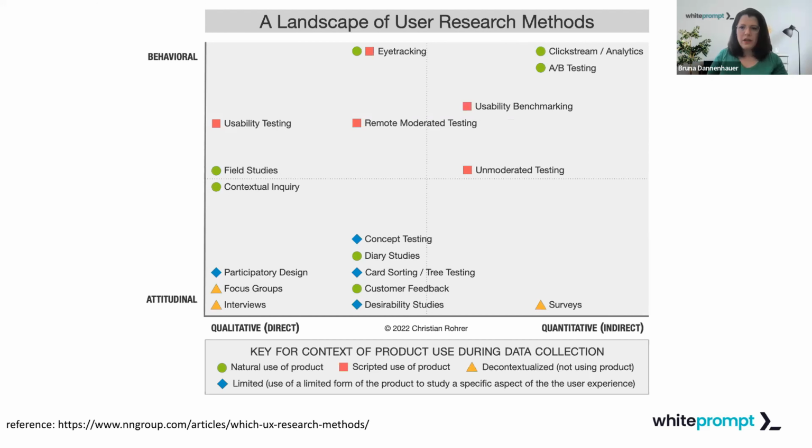It depends on which stage of the design we are in, how much time we have, the budget, and things like that, right? So I already said there is how the user behaves and how the user says they behave. And whether the testing is more direct, like interviews, or more indirect or quantitative, like surveys, for example.